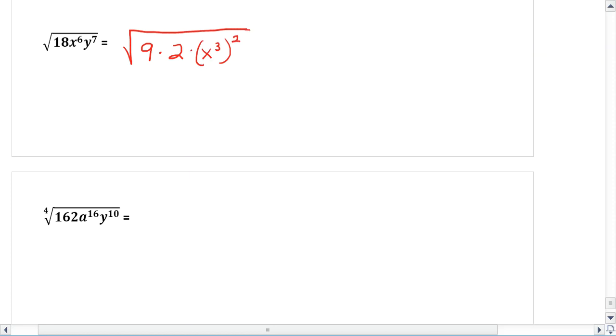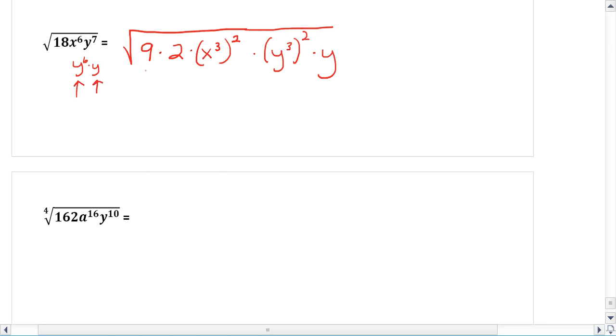All right, y to the 7th is not a perfect square. So we kind of go back down to the closest even number, and I can break this up into y to the 6th times y, and that'll give me my y to the 7th, because y to the 6th is a perfect square. So I'm going to write this as y cubed squared. There's my perfect square, and we have this y is left over.